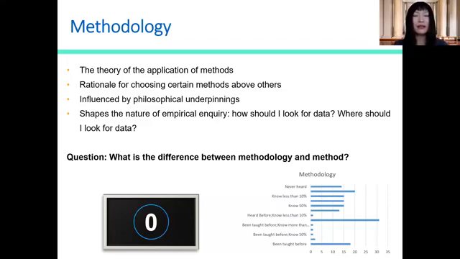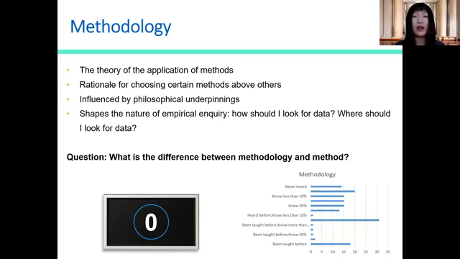All right, the difference between methodology and method. These are two terms that every year many students mix up. They are not difficult to understand, but many students tend to mix them up. In other modules, if you say methodology when you mean method, or method when you mean methodology, other people can also understand.